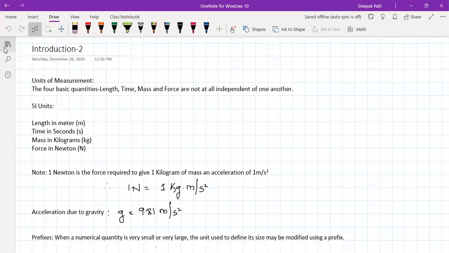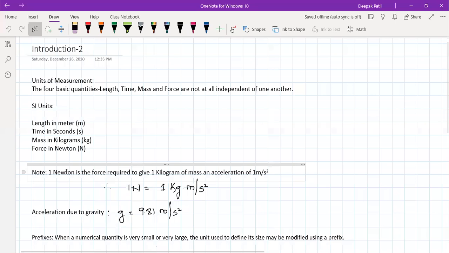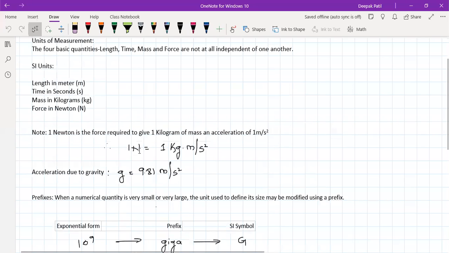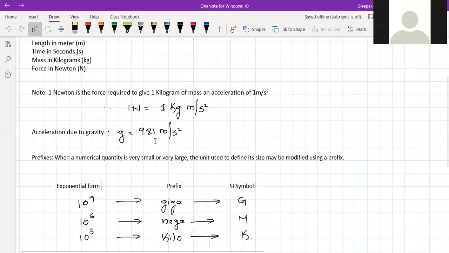Force is in newtons, and N is capital. I told you what one Newton means: 1 Newton is the force required to give a mass of 1 kilogram an acceleration of 1 meter per second squared. This I think you know already. That's why the base SI unit of force is kg meter per second squared. And the acceleration due to gravity g is 9.81 meter per second squared.